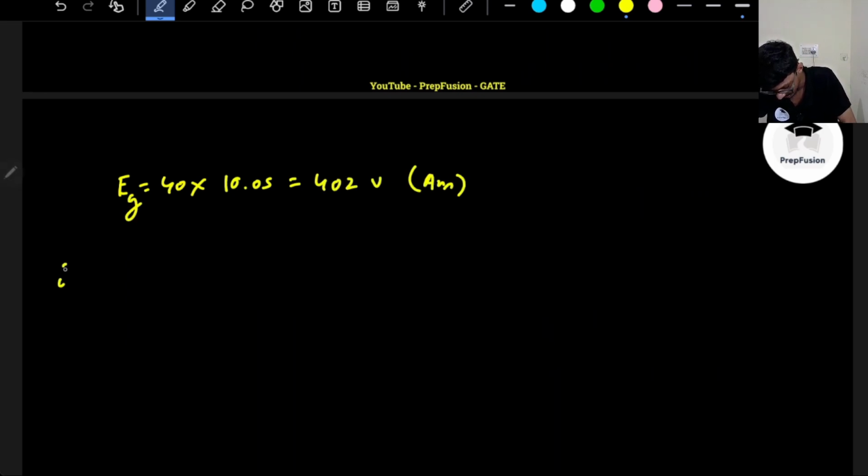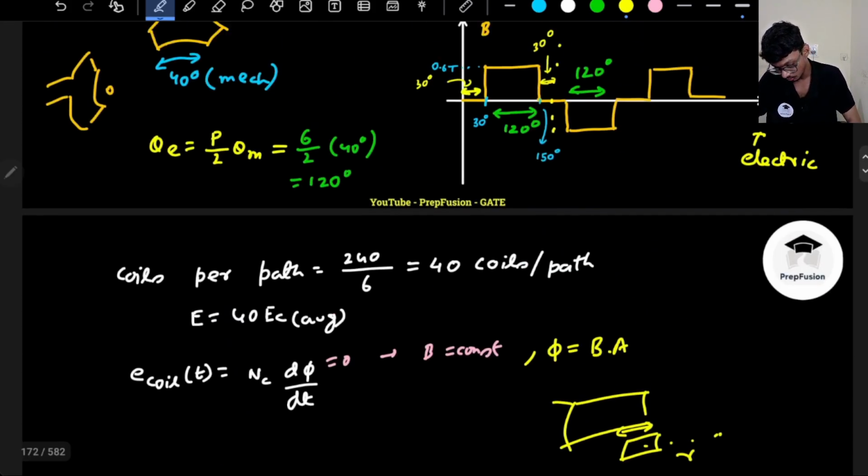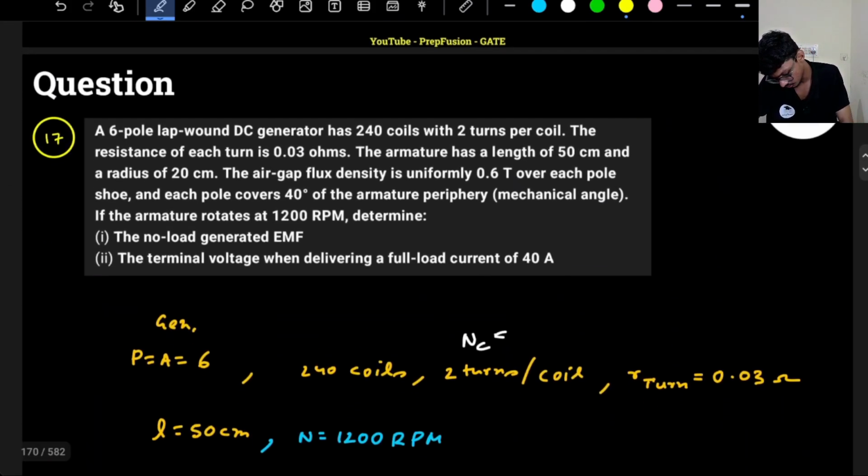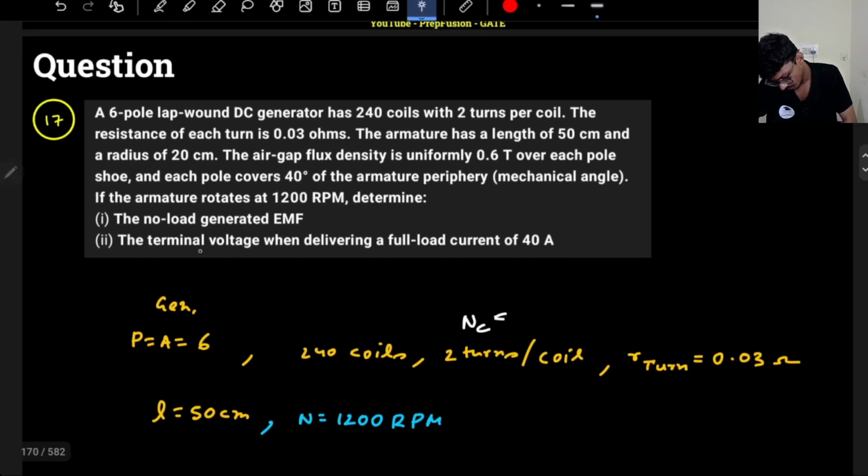Okay, now second case is the case in which there is load connected, right? They are telling me there is a load connected of 40 amperes. So for that I need to find out the armature resistance, because they are asking us the terminal voltage.